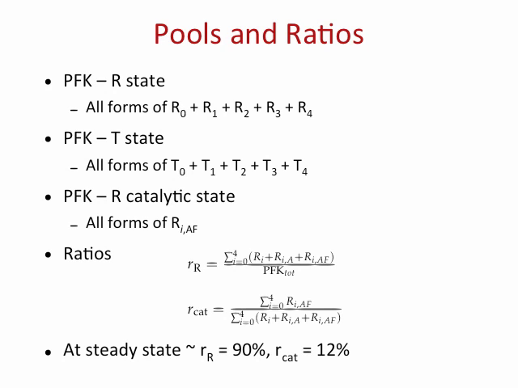One is the amount of the enzyme that's in the R form, and that's R sub R. So that will be the fraction of the enzyme that's in the R form. And then there is the R cat, which is the fraction of the R forms that's in the catalytic state that carries out the reaction.